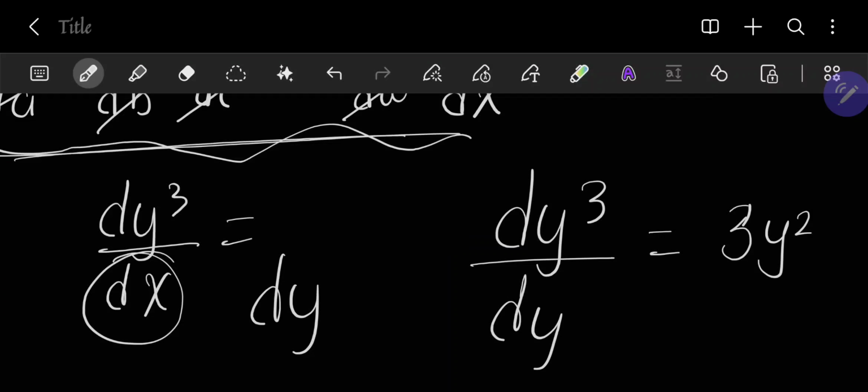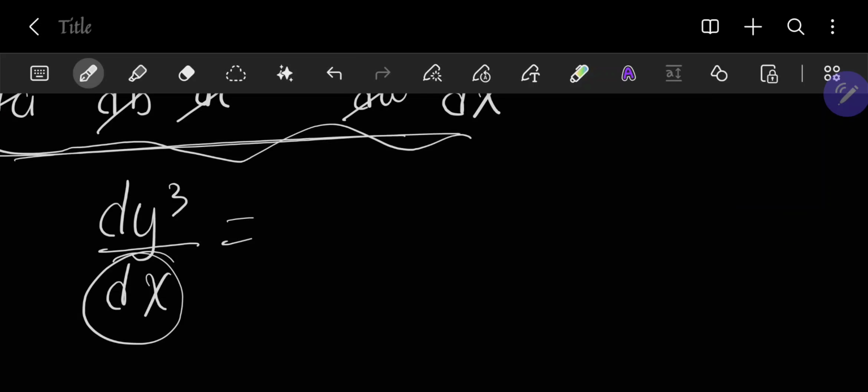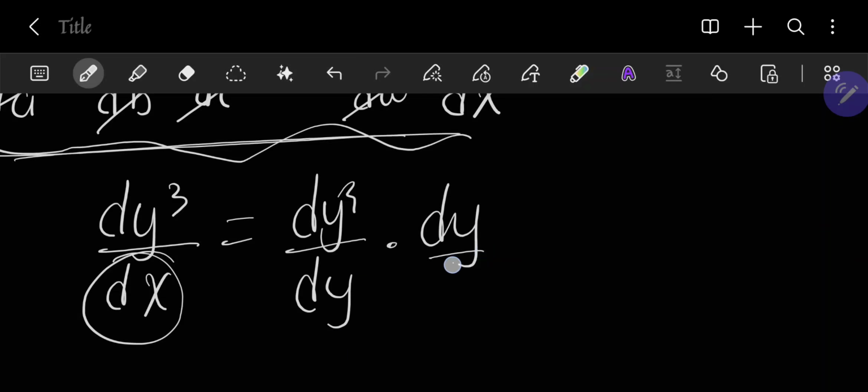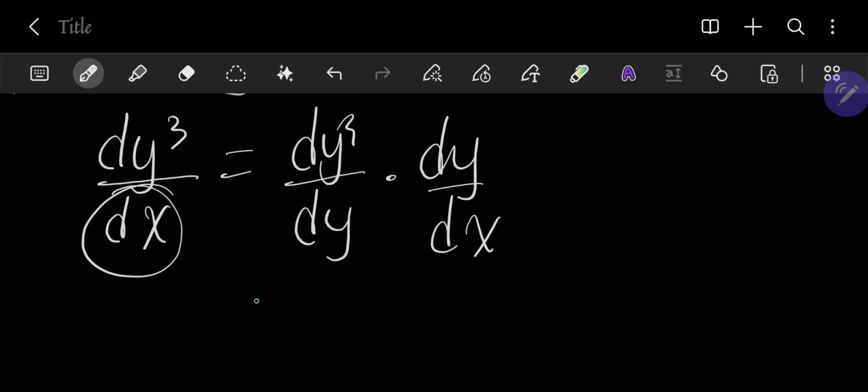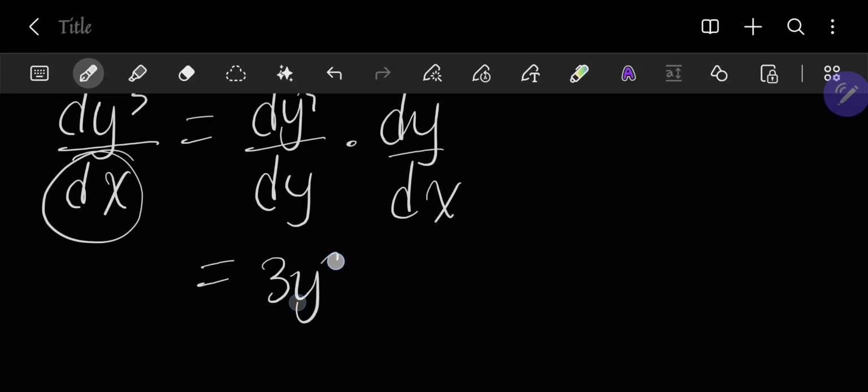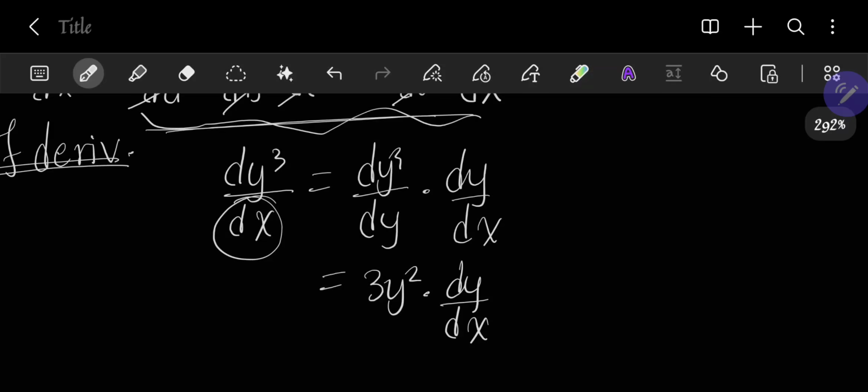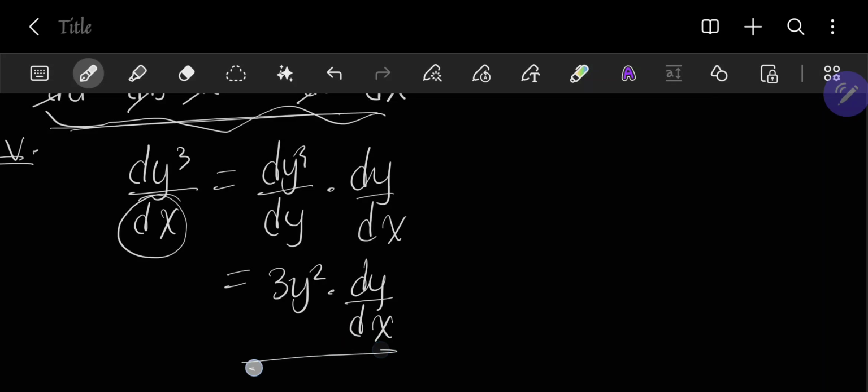So now we use the chain rule in a way that enables us to differentiate. Instead of writing d(y cubed)/dx, we write this as d(y cubed)/dy times dy/dx. Now this is equal to 3y squared times dy/dx. This is how you obtain the derivative of functions such as this.